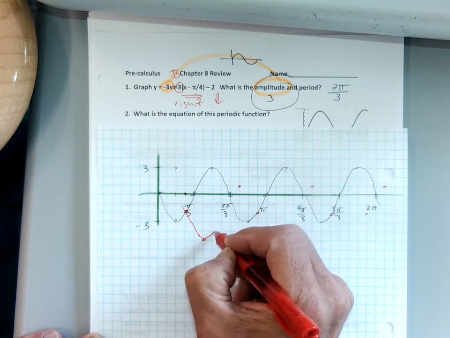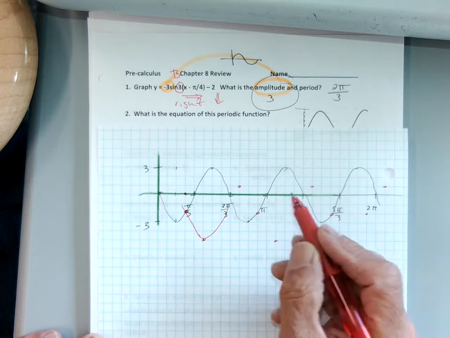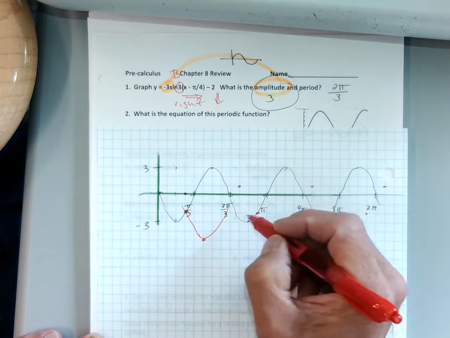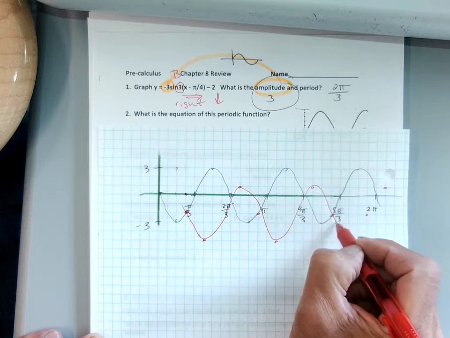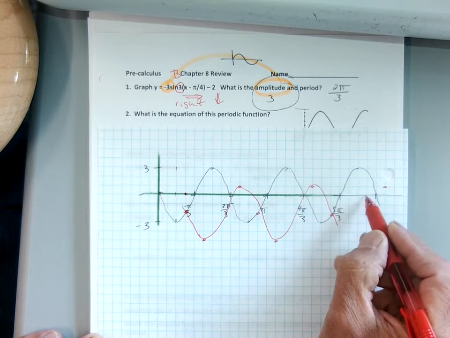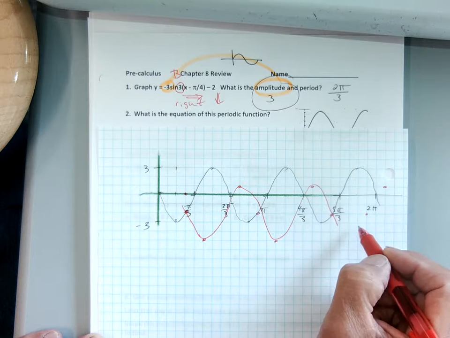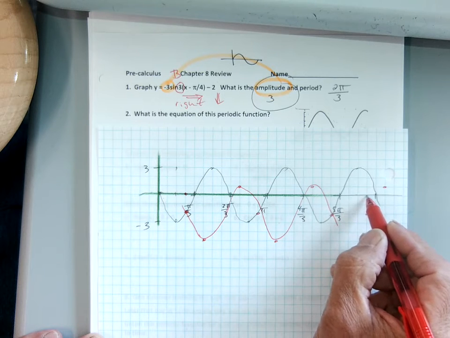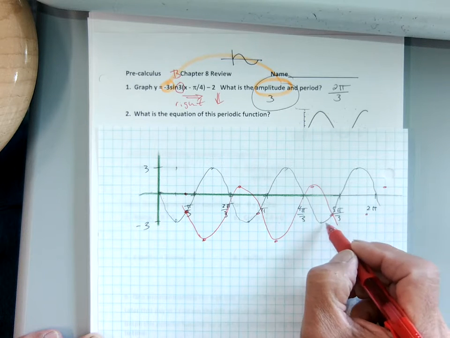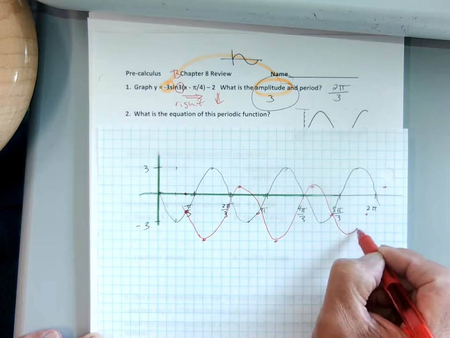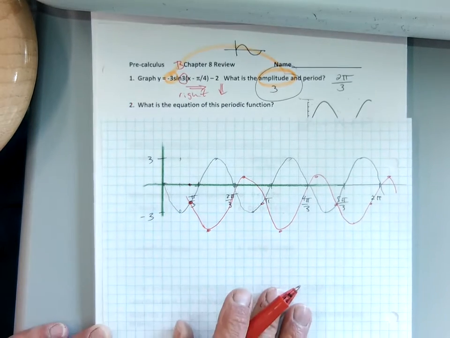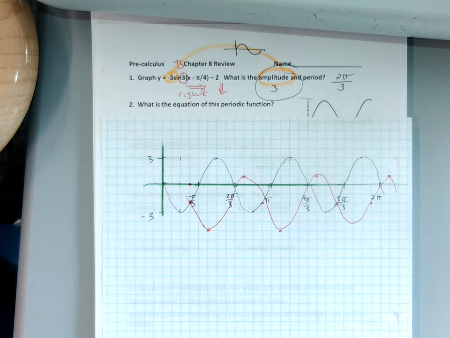Does the first one say pi over 5 or pi over 3? Pi thirds, yeah. Okay, it looks something like that.